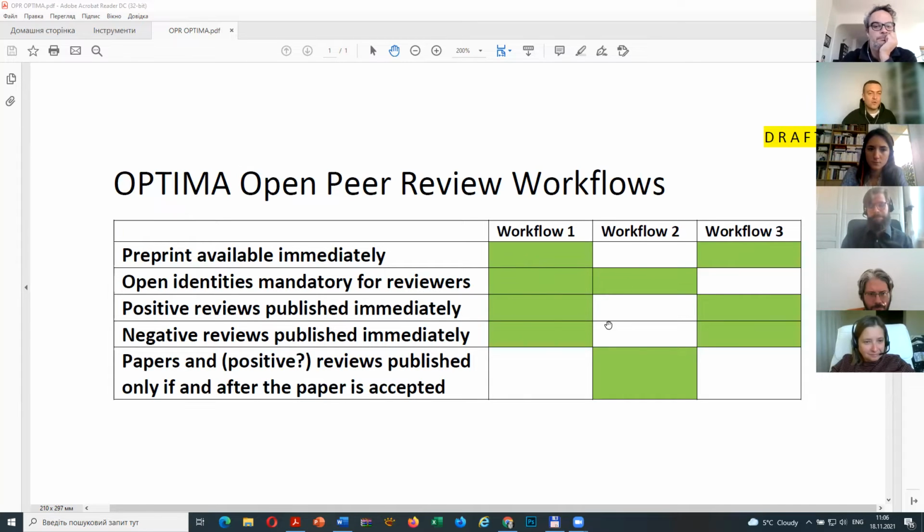The second workflow is a little bit different because we don't publish the papers openly before, and only if they are accepted. So we are experimenting here, and all identities are open, but we only publish everything if the paper is accepted, right? If not, we just don't publish it. And the third workflow is the same as the first one.